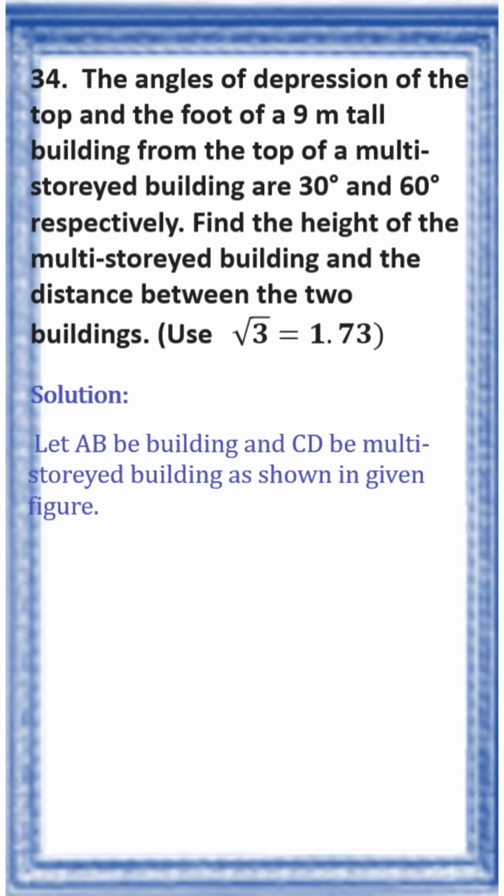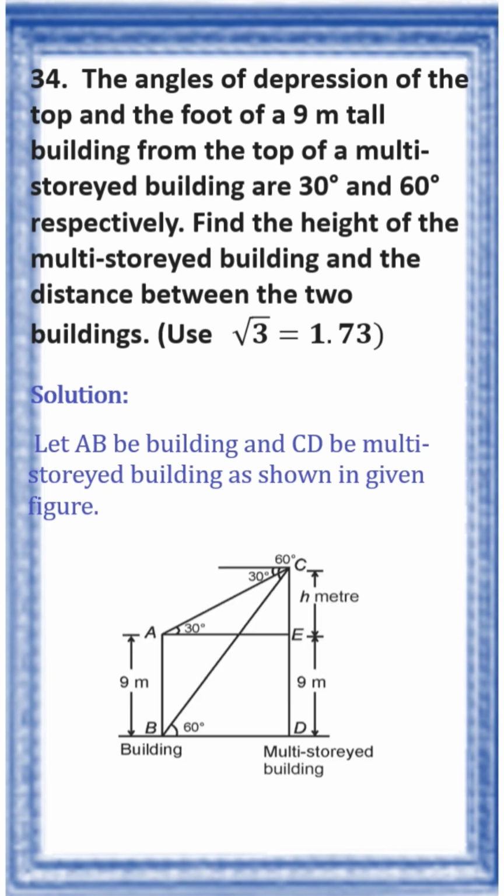Now let AB be the building and CD be the multi-storied building as shown in the figure. So now we have the figure. Here observe that AE is parallel to CD. So AE is equal to BD, let it be X. In right angle triangle AEC, observe the figure.